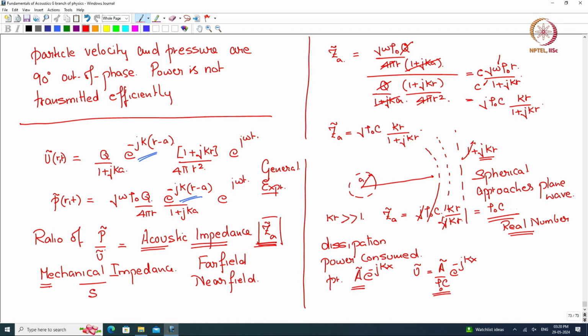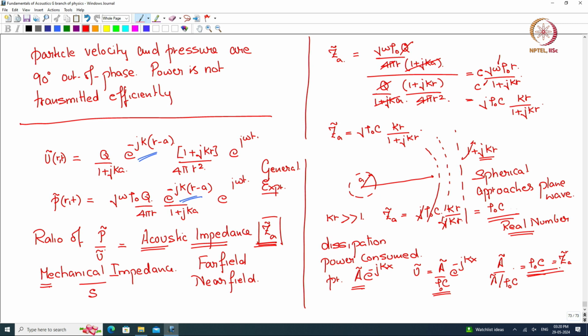Pressure and particle velocity are in phase, and so the impedance is real. A tilde by u tilde is rho 0 c, which is the characteristic impedance of the medium. So this is the Z A in the plane wave case.